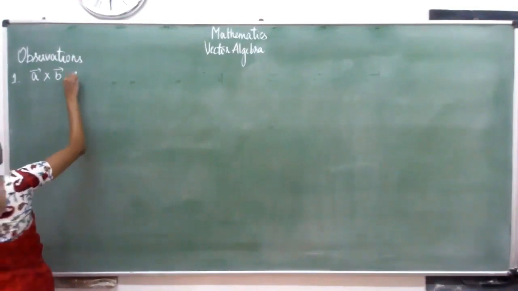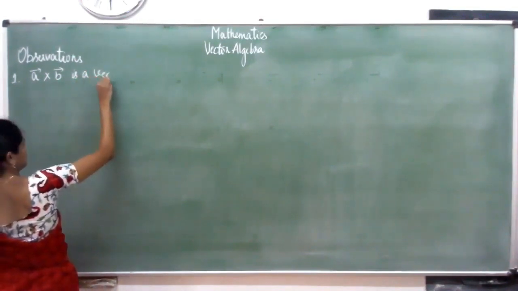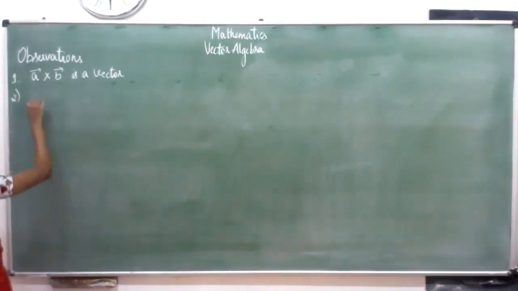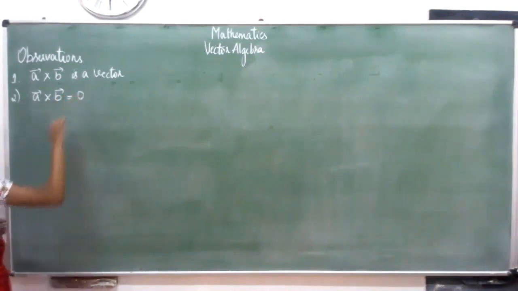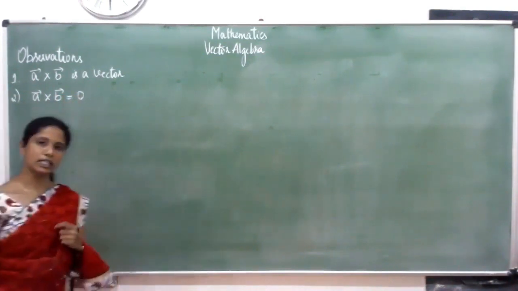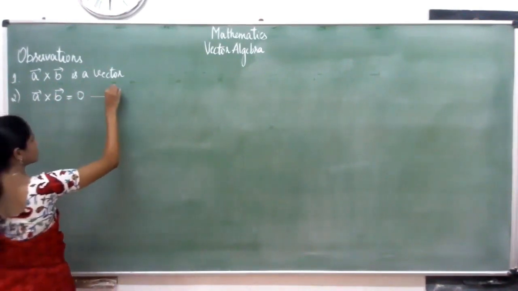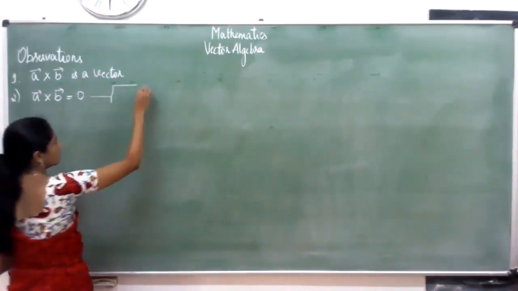So A cross B is a vector. This is my first observation. Second observation: vector A cross vector B is equal to 0. This can be possible in two conditions.